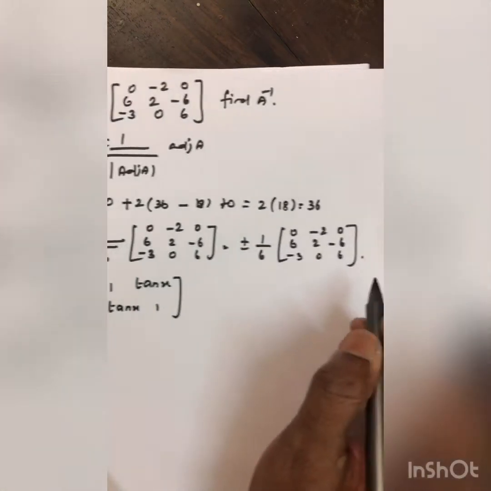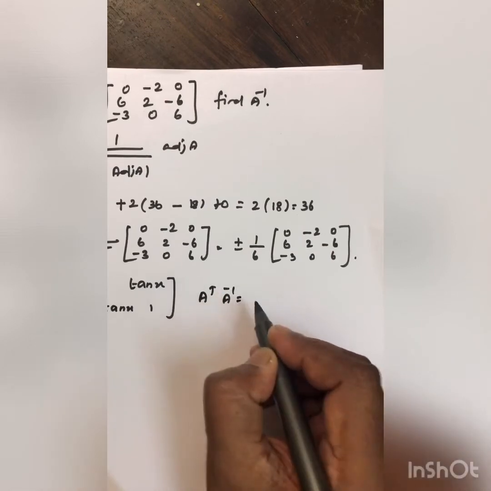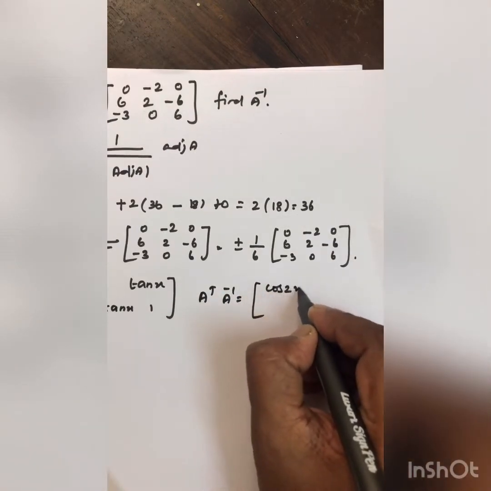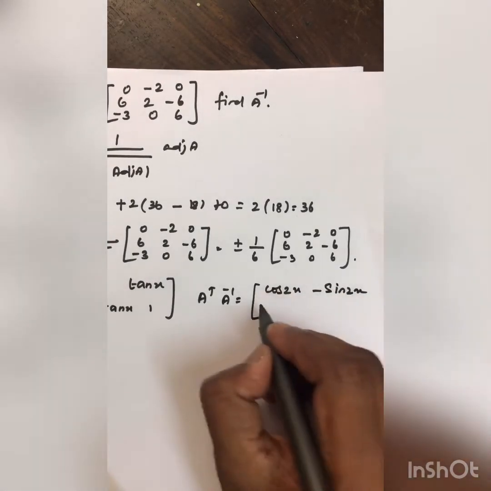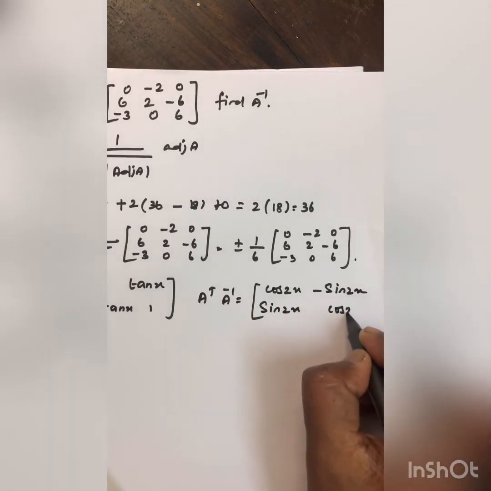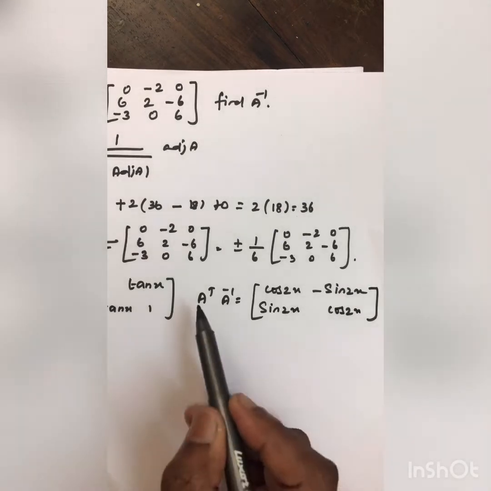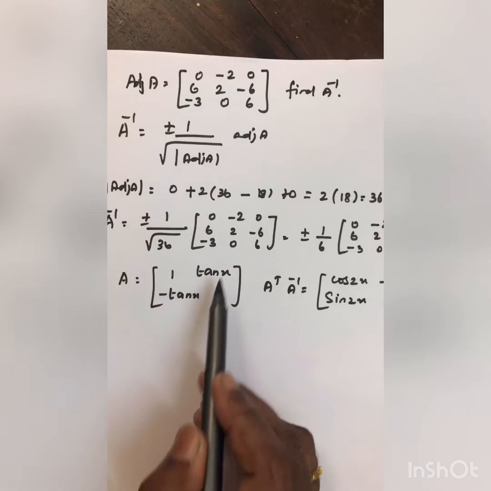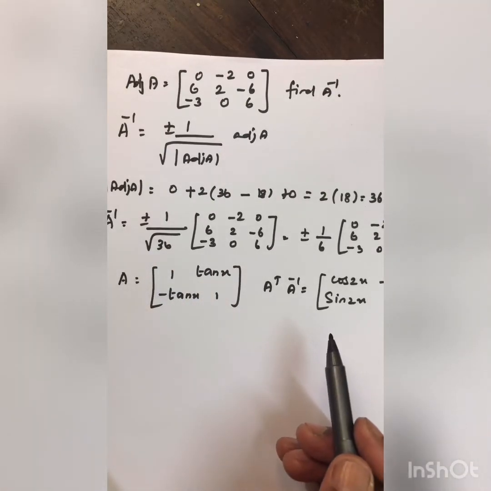We have to show that A transpose into A inverse equals cos 2x, minus sin 2x; sin 2x, cos 2x. This is the usual matrix multiplication, the usual method. Only, instead of real numbers, the entries are trigonometric values.